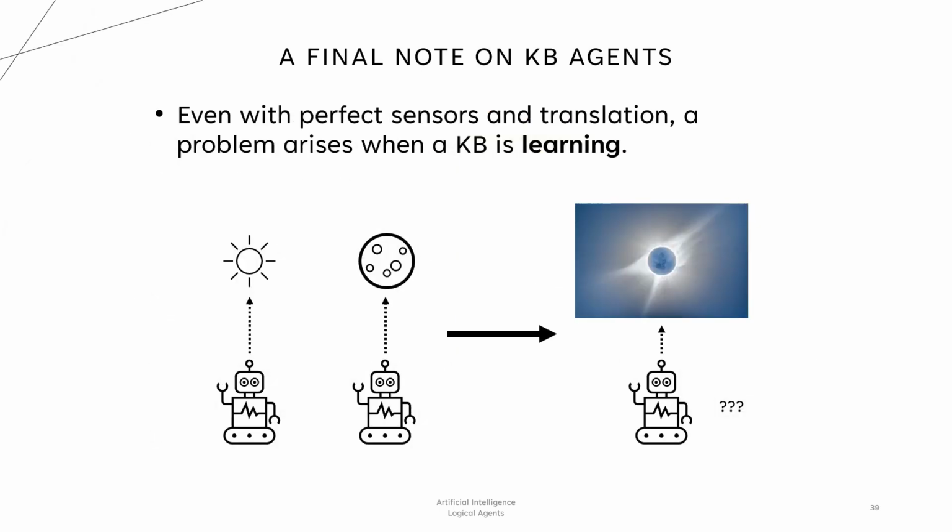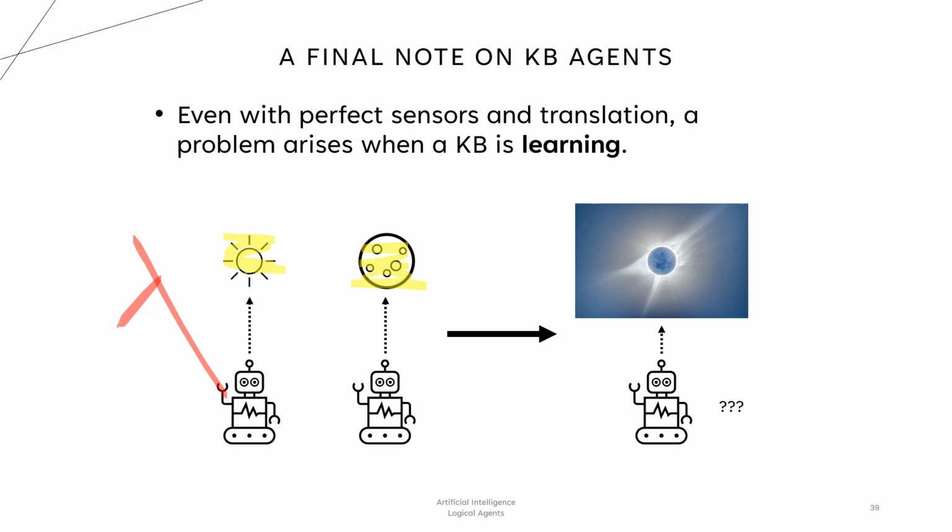Even with perfect sensors and translation, a problem arises when a KB agent is learning. If we have a robot that observes the sky and concludes that the sun can be in the sky, the moon can be in the sky, and they are never in the sky at the same time, the robot would be right on that sentence about 99% of the time.